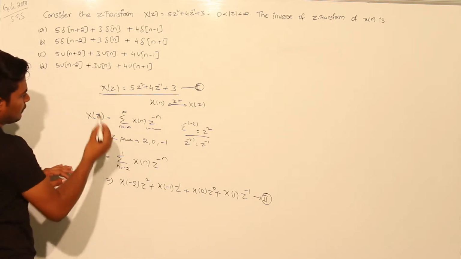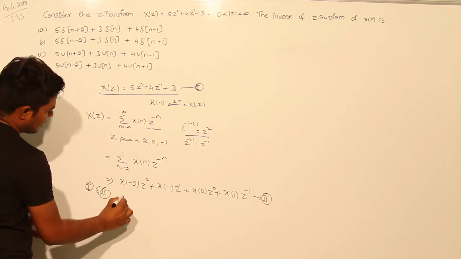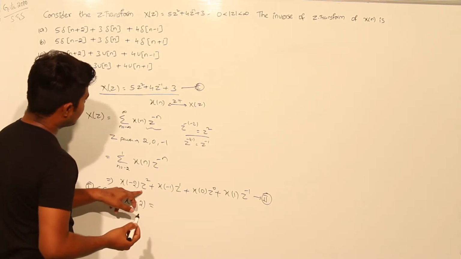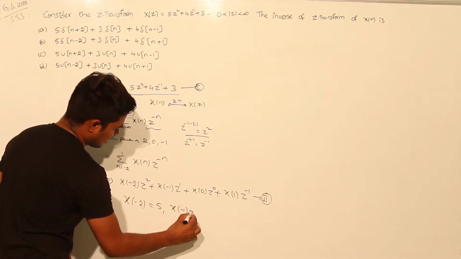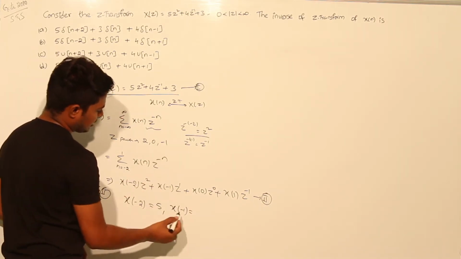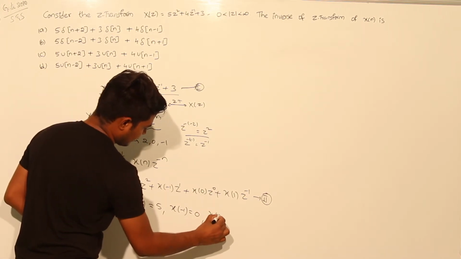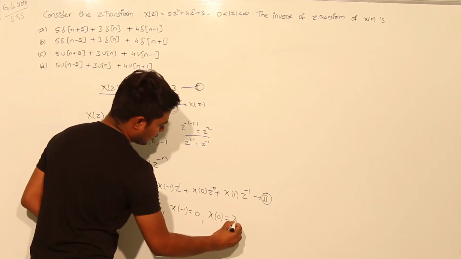On comparing equation 1 and equation 2, you get x of minus 2 as the coefficient of z square, that is 5, and x of minus 1 as the coefficient of z, there is no z component, so that will be 0, and x of 0, the z power 0 term, equals 3.